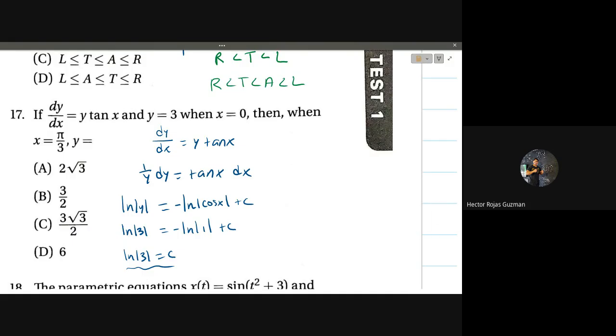So now I have that ln of y equals negative ln cosine of x plus ln of 3. And now we want to figure out what y is when x equals pi over 3. Cosine of pi over 3, cosine of 60, that is 1/2.